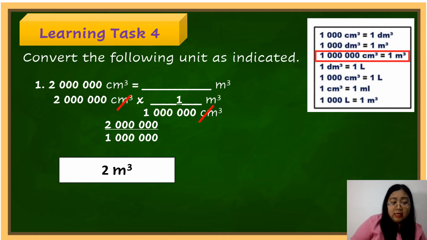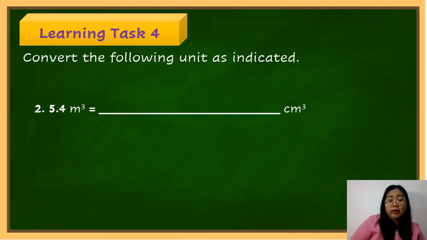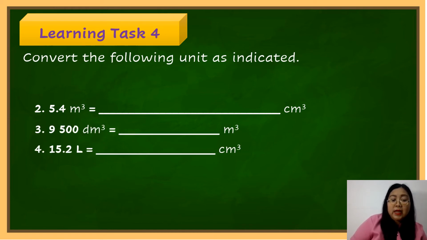So the answer is 2 million cubic centimeters is equals to 2 cubic meter. In your answer sheet, convert number 2, number 3, number 4, and number 5.